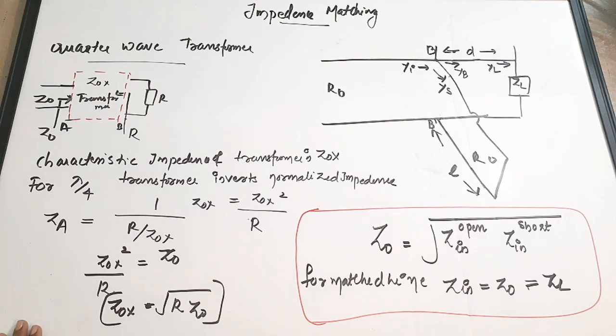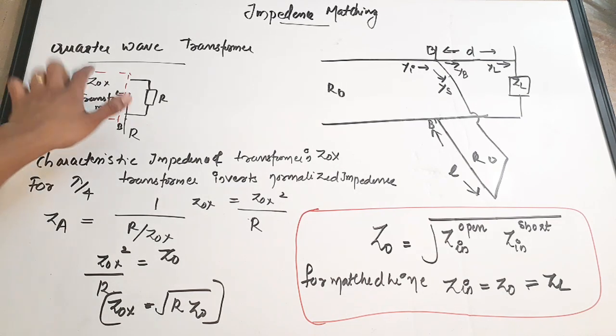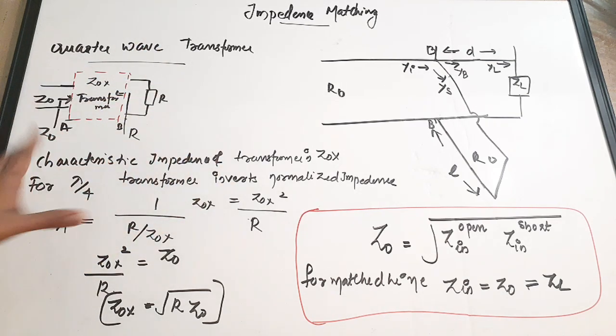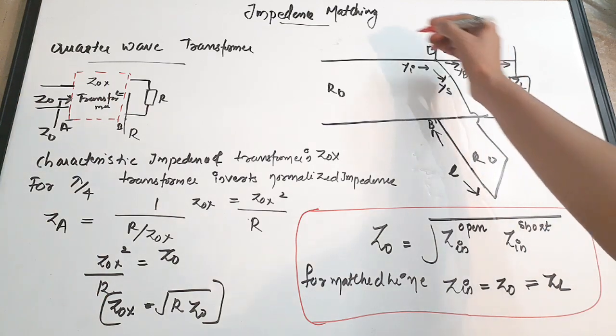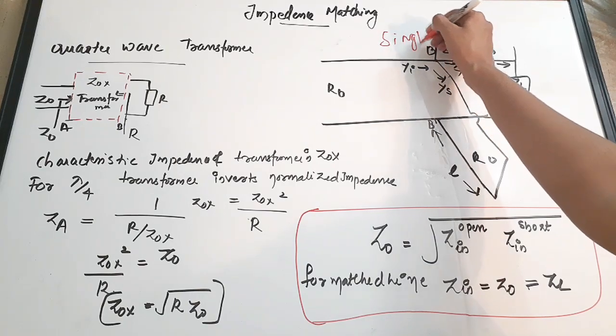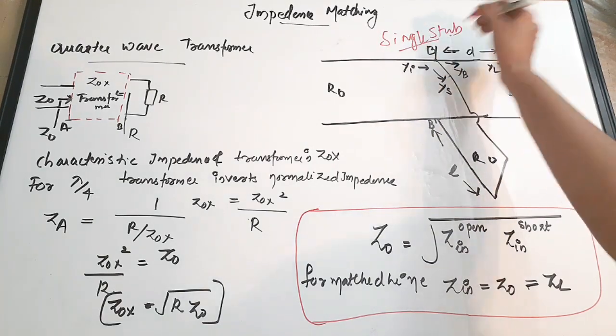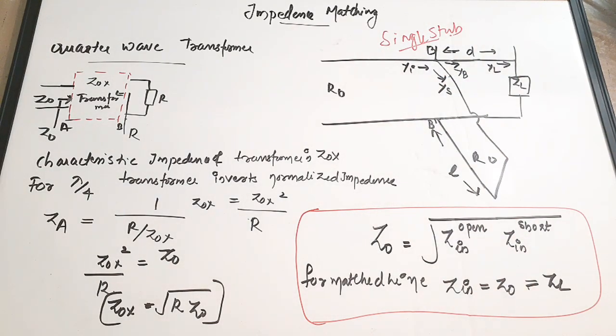We are going to see two of them here. The first one is the quarter wave transformer technique, and the second is single stub matching. These are the two impedance matching techniques you can use to match the characteristic impedance of the transmission line and the load impedance.